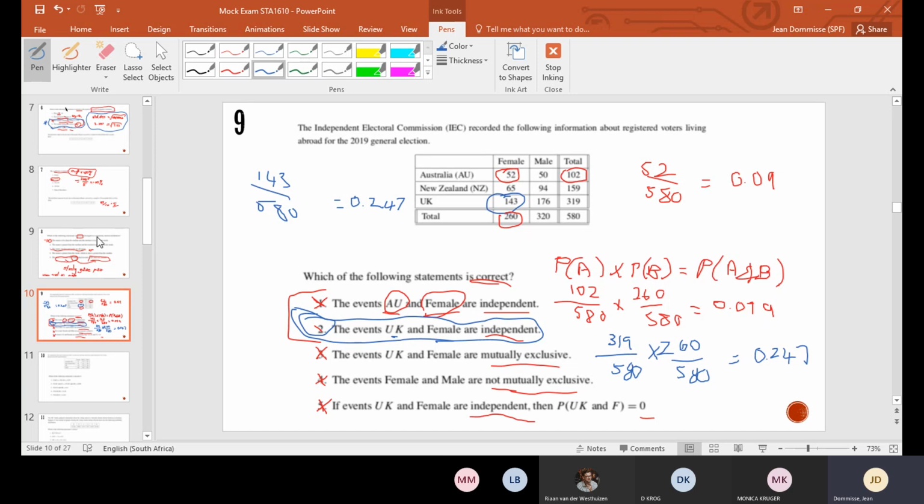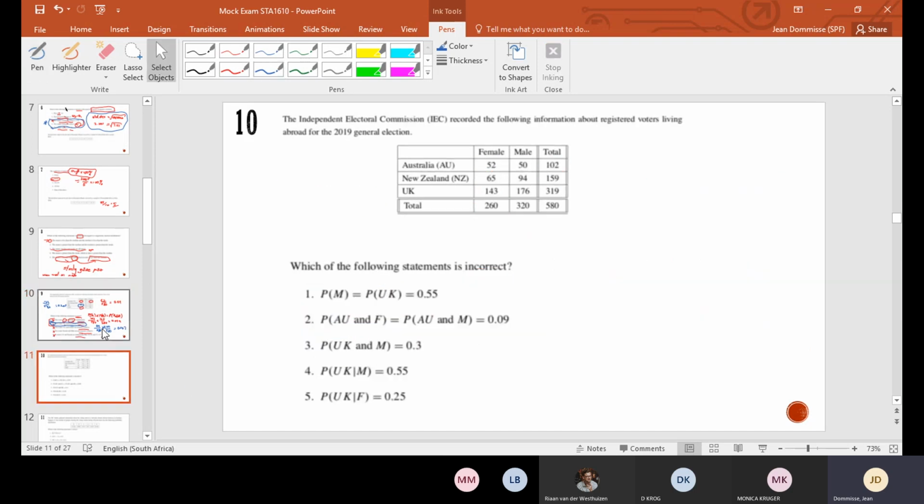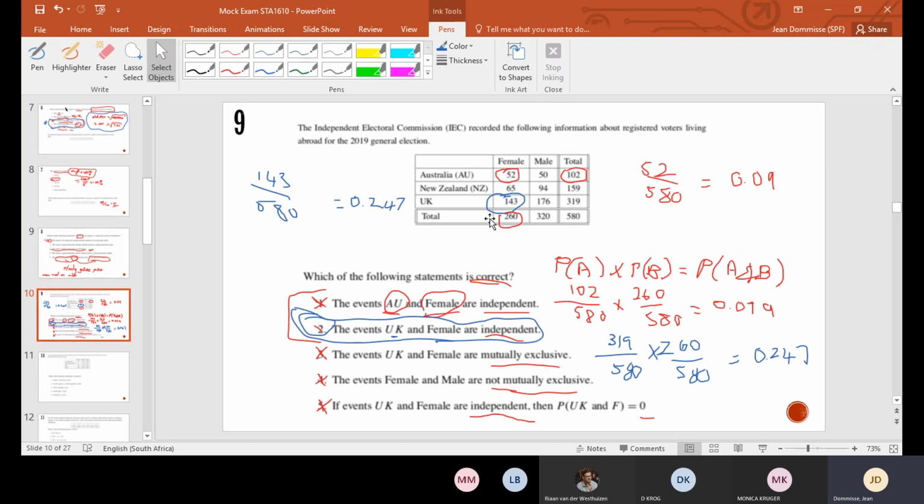They could also give you the probabilities already within the table, so just remember that. They could have replaced the 52 divided by 580 with a percentage already, so that you can just multiply the percentages.